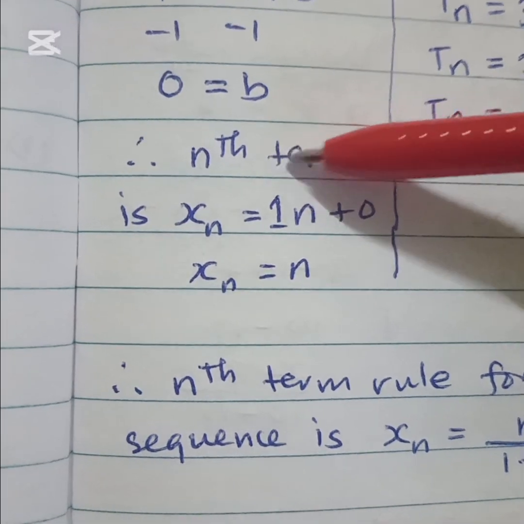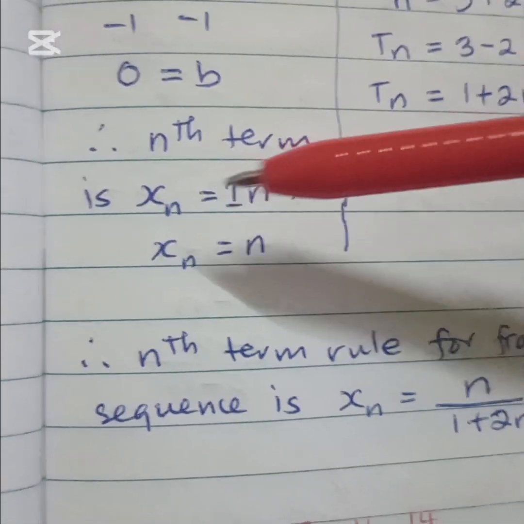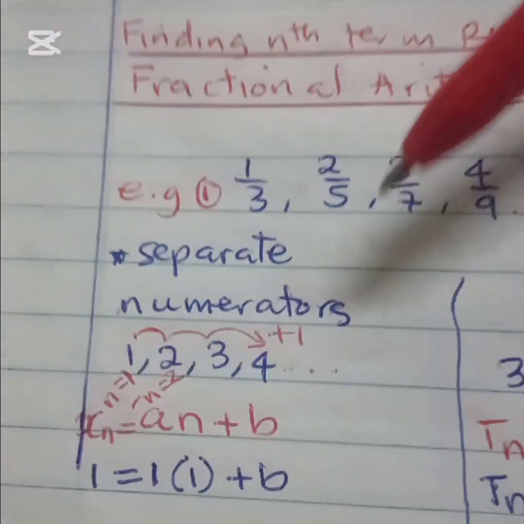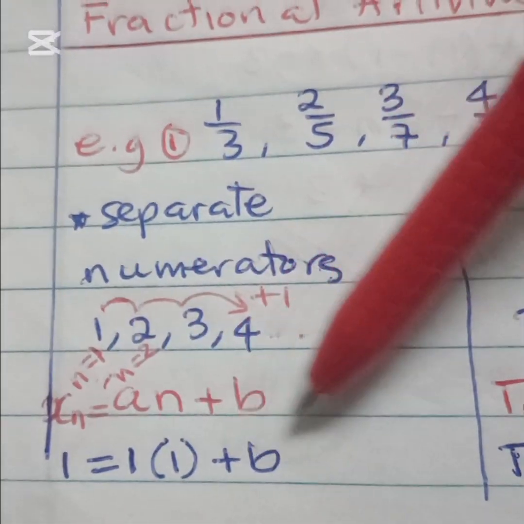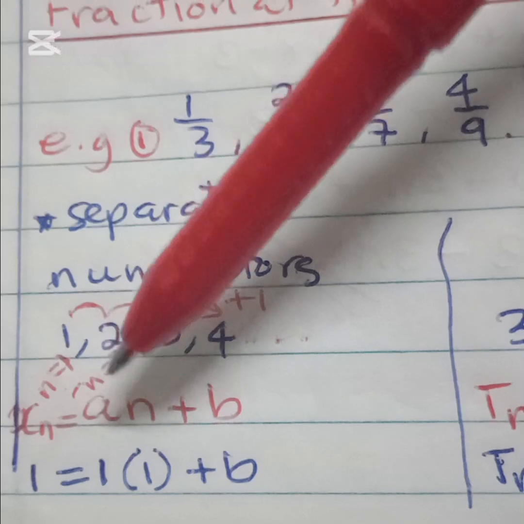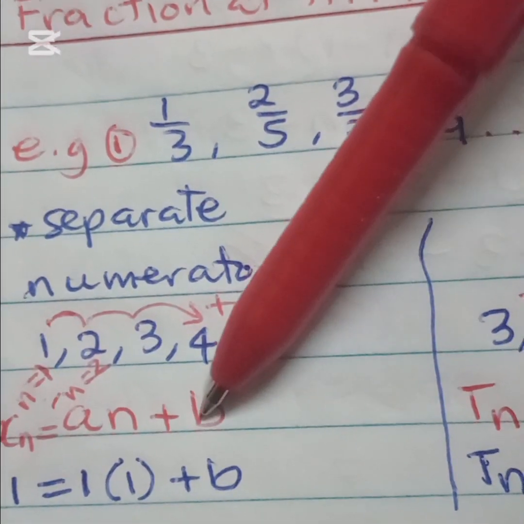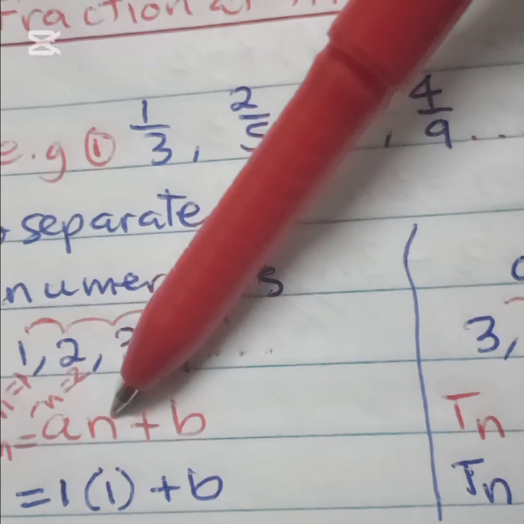So the nth term for the numerators, going back to the format of an plus b, we leave n but substitute a and b.